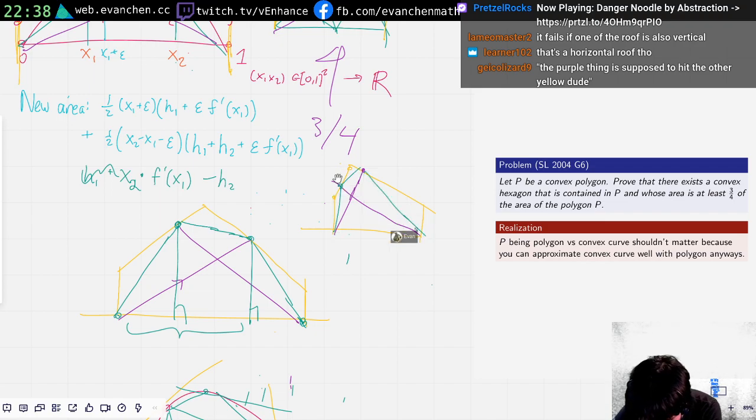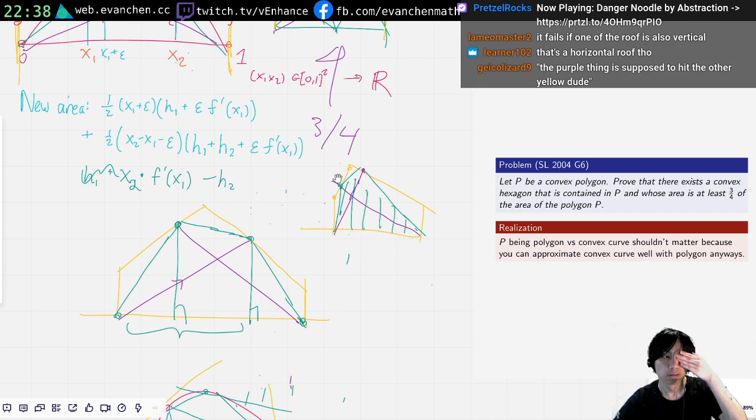I'm not seeing why. Because there is a condition that the purple rays are supposed to hit the other roof by construction. It's not okay for the purple ray to hit a wall.